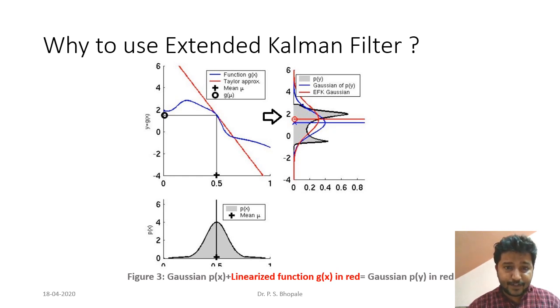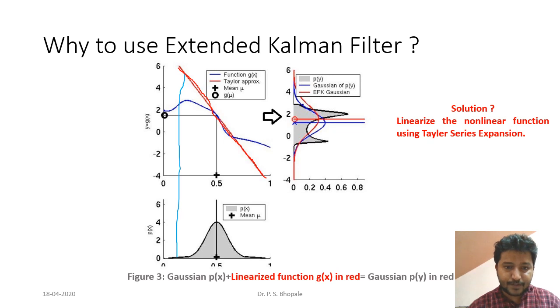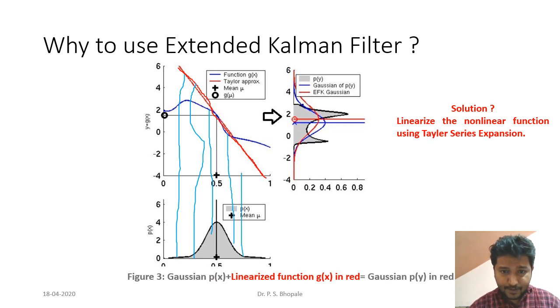But if we linearize using a Taylor series approximation, using this red line, and then transfer this input x with its covariance Px, sorry for the mistakes in drawing, through this linearized model, then we get a linearized Gaussian distribution, as in red color.